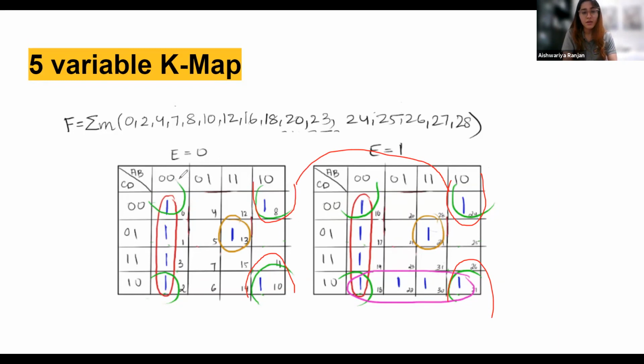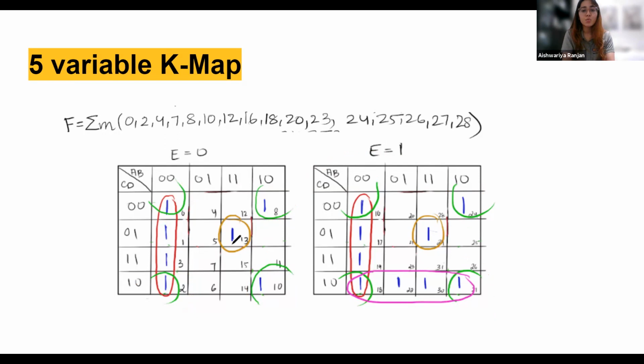To make this even bigger, I could circle this and this. So now I have a group of 4 ones. Similarly, it's possible even on this Kmap. And then if I group them together, I have a better expression with lesser literals. So that's how the green circles came about.